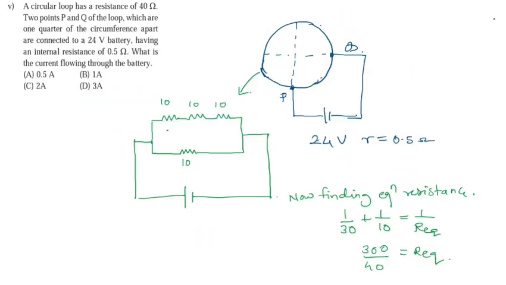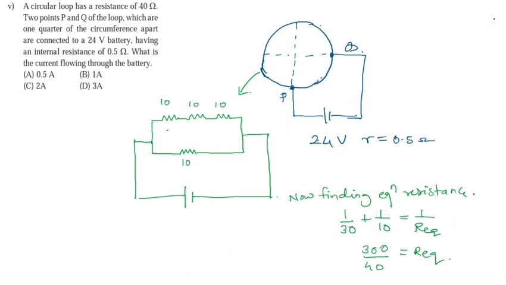Next is: a circular loop has a resistance of 40 ohms. Two points P and Q of the loop, which are 1/4 of the circumference apart, are connected to a 24 volt battery having internal resistance of 0.5 ohm. What is the current flowing through the battery? Now what he is telling you is that there is a loop wire whose complete resistance is 40 ohms.